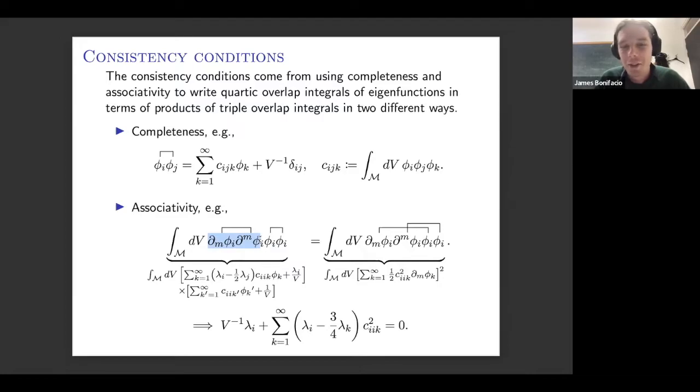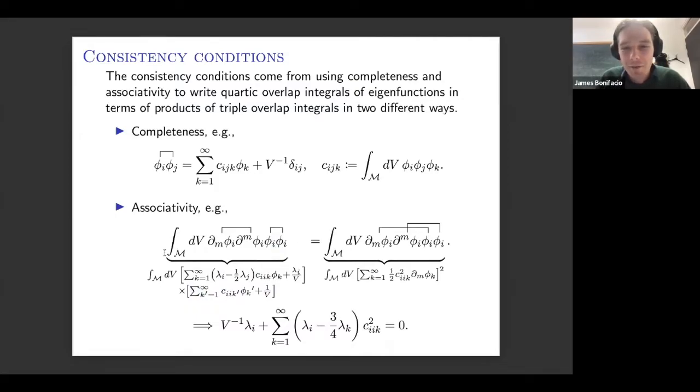I can expand it in terms of eigenfunctions, and I'll get the first term in square brackets that I've shown here. And then I can similarly expand the third and the fourth terms in terms of eigenfunctions, and I'll get the second term in square brackets here. Now this is quadratic in the eigenfunctions, so I can do the integral using orthonormality. And then what I'm left with is an infinite sum over products of these triple overlap integrals. So this is one way of rewriting this quadruple overlap integral.